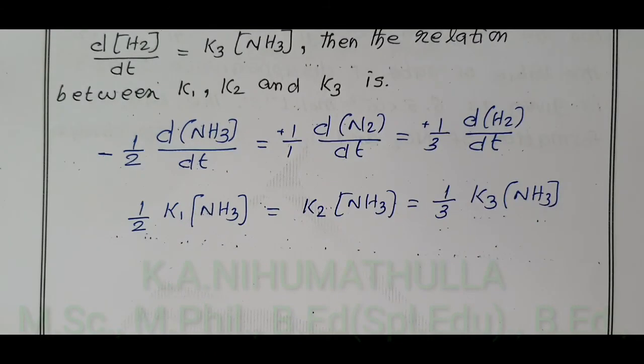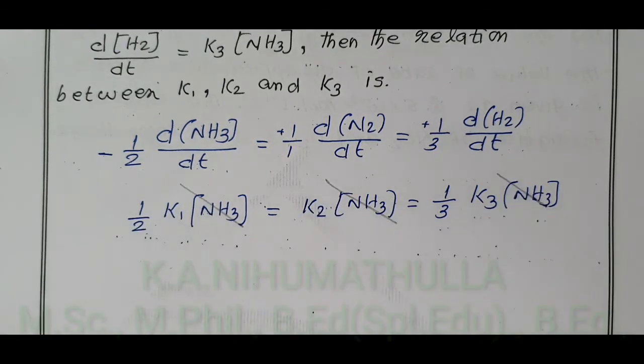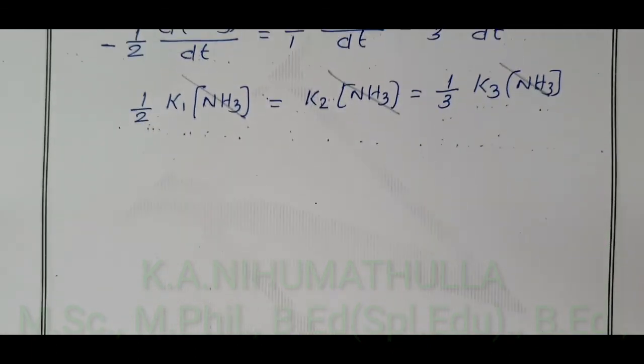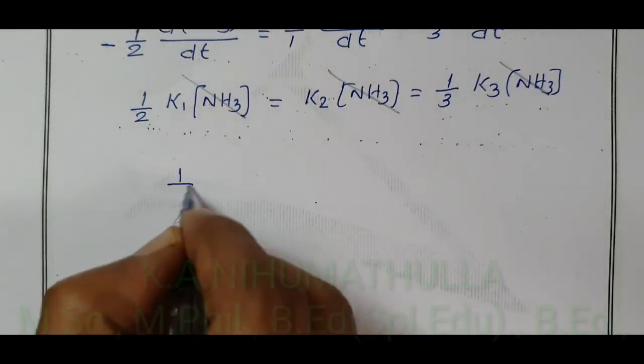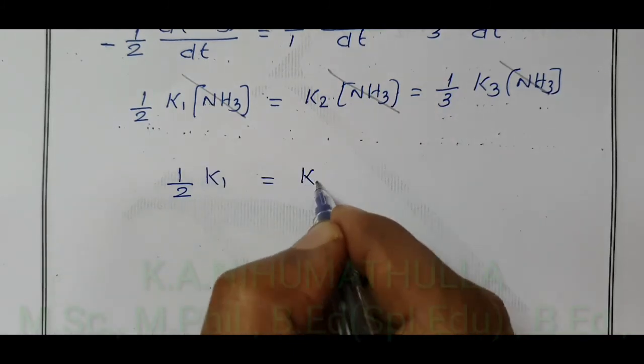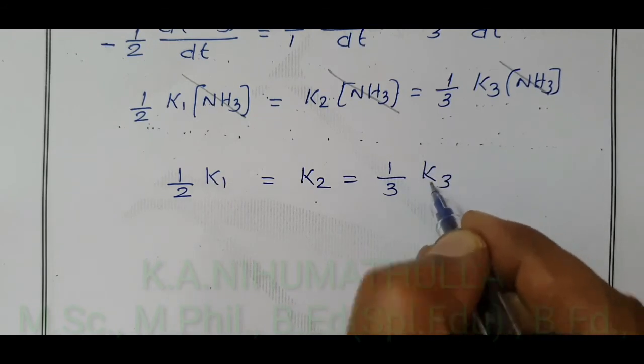Now, the equal terms, ammonia, get cancelled. Remaining, we have 1 by 2 K1 equal to K2 equal to 1 by 3 K3.